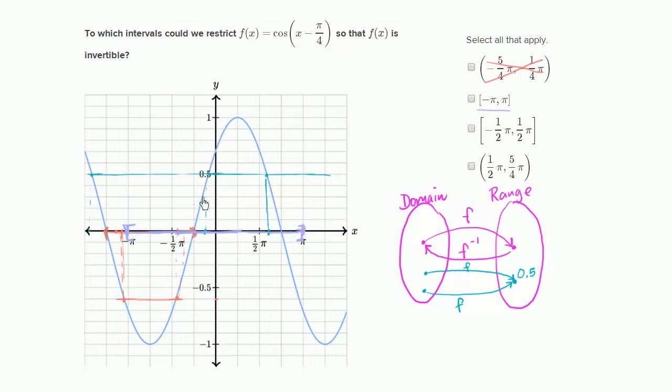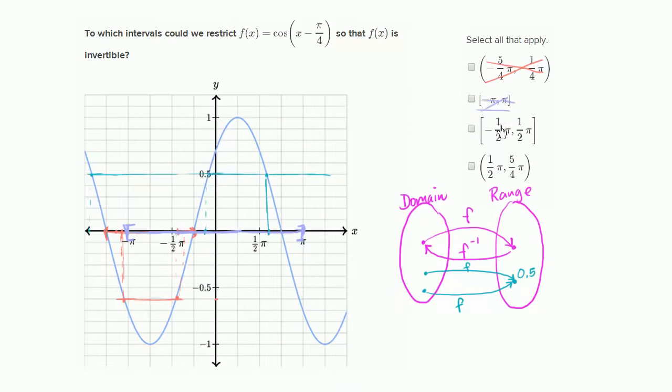But once again, over that interval, I could apply the original horizontal line that I did in blue, and notice there are multiple elements in the domain that map to, say, 0.5. So what would f inverse of 0.5 be? You can't construct a function where it maps to only one element of the domain. So we could rule this one out as well.